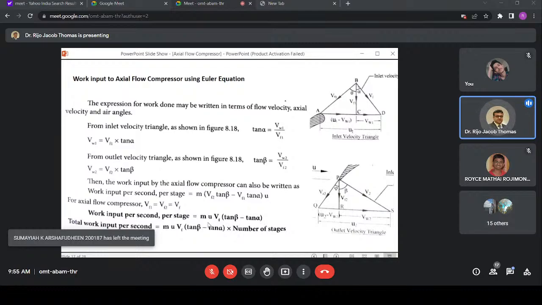M is mass, U is the velocity of the blade, Vf is the velocity of flow, and tan beta and tan alpha come from the angle that the absolute velocity makes with the axial, the flow direction. Into number of stages will give the total work input required to compress the fluid. Okay, is it clear?